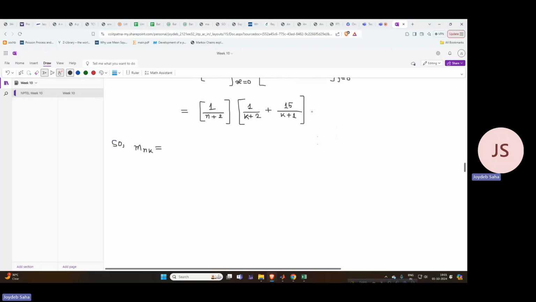Can we simplify it a little more? Yes, it is 1 upon n plus 2 multiplied with k plus 1, k plus 2.